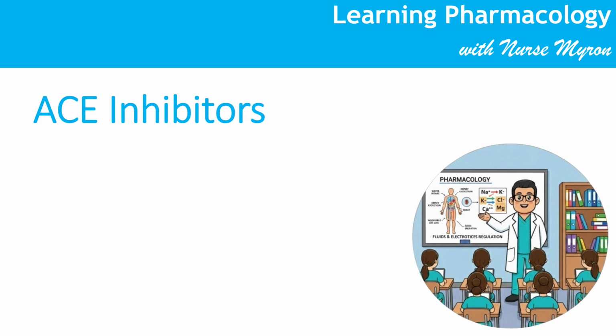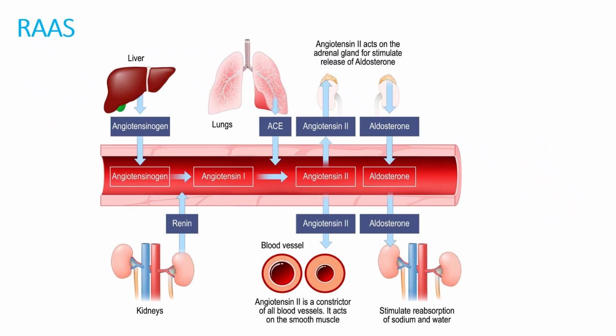Next, we have your ACE inhibitors. Recall in the renin-angiotensin-aldosterone system that ACE is a chemical produced in the lungs and is actually an enzyme that converts angiotensin 1 to angiotensin 2.